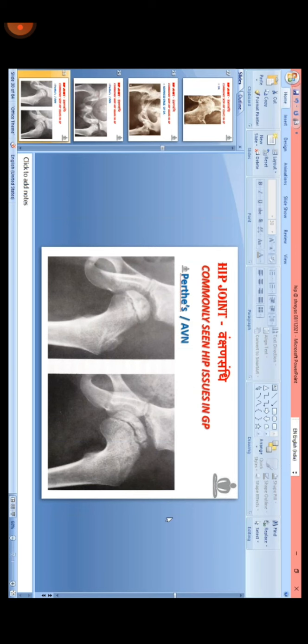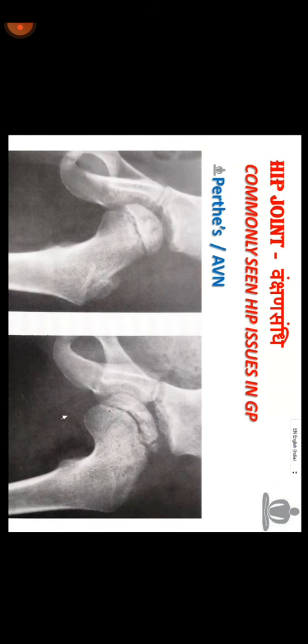So, the commonest thing which we see in hip is avascular necrosis of head of femur. See, in small children, we see Perthes as a disease.